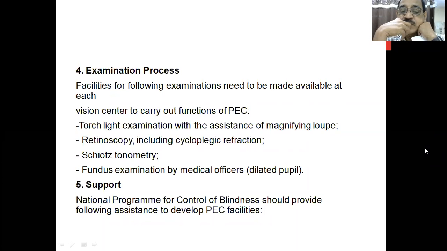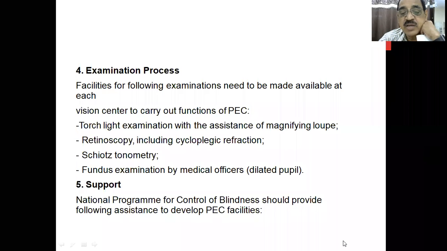And the National Program for Control of Blindness should provide the following steps to develop PEC facilities, primary eye care facilities.